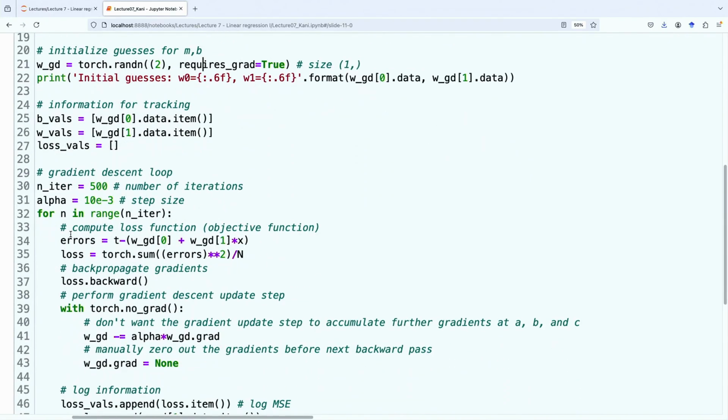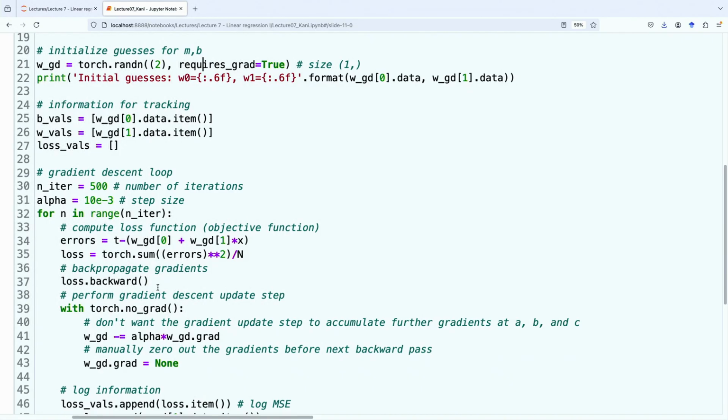So we do some calculations, and this is the target minus mx plus b. I reversed that a little bit. I could have done mx plus b minus target, it doesn't really matter. And then I calculated the loss, which is simply the sum of the errors squared over n, same thing.